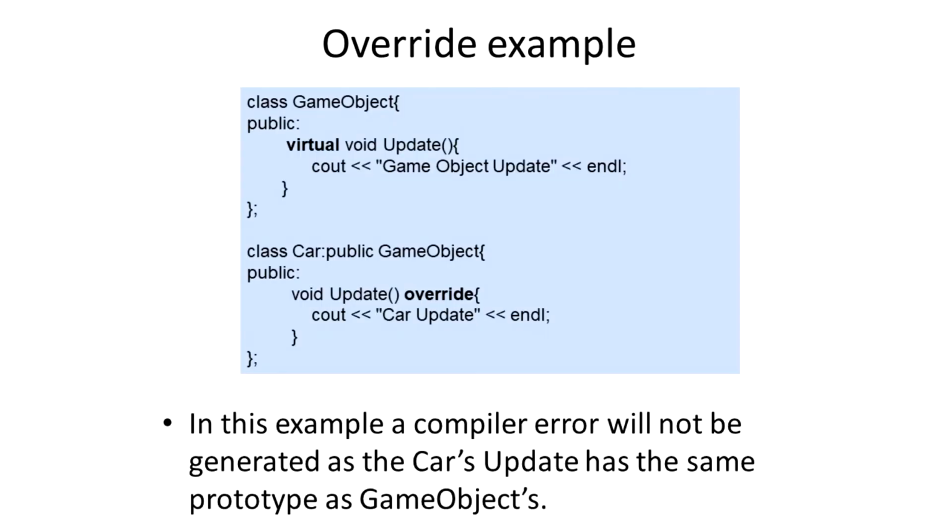And here, if we have a look at this example, we'll see that we've added that keyword override after the function name in the child class. Notice there that function update after the parentheses has the keyword override stated just before we open the braces. And as we've got the keyword virtual in the parent's update function, this example is not going to generate an error. But of course, if we removed the keyword virtual from the parent's update function, then this would generate an error. Okay, so this is just a way of explicitly stating that we want to invoke overriding behavior.